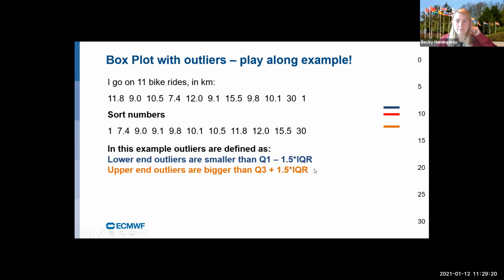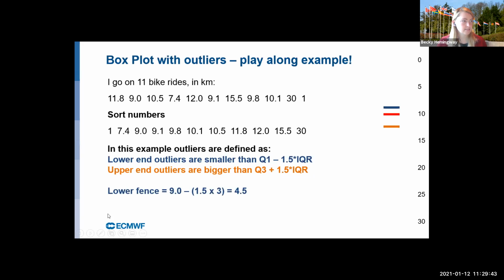One thing to bear in mind is that if you are looking at box plots, there should always be a key of what the box plot is, and that'll tell you what the outliers are defined as, because it's not always consistent. This is usually how it's defined in maths, but I know some of our metagrams are slightly different, and I'll show examples of those later. But we're just doing an example here.